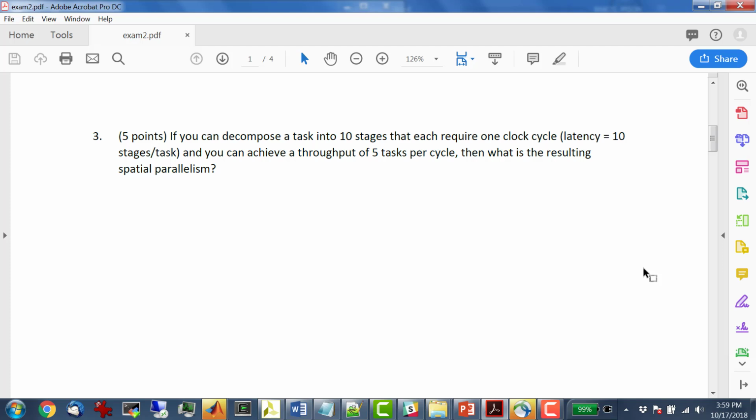For this one, you have to just remember that throughput equals parallelism over latency. Right? Make sense? So the throughput is 5 tasks per cycle.